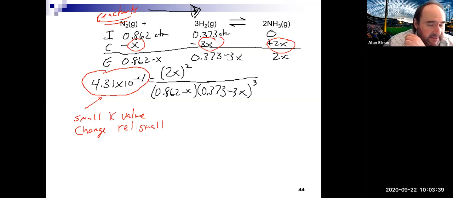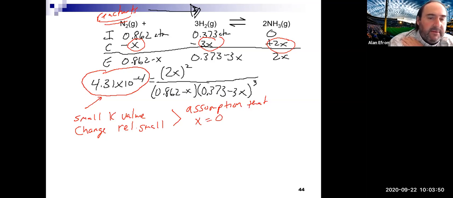What that means is we can make an assumption that x will equal 0 in this particular case, because x, which represents the change, should be relatively small because of the equilibrium constant value. Now, clearly we cannot get rid of all the x's in this expression, otherwise we have nothing to solve for.